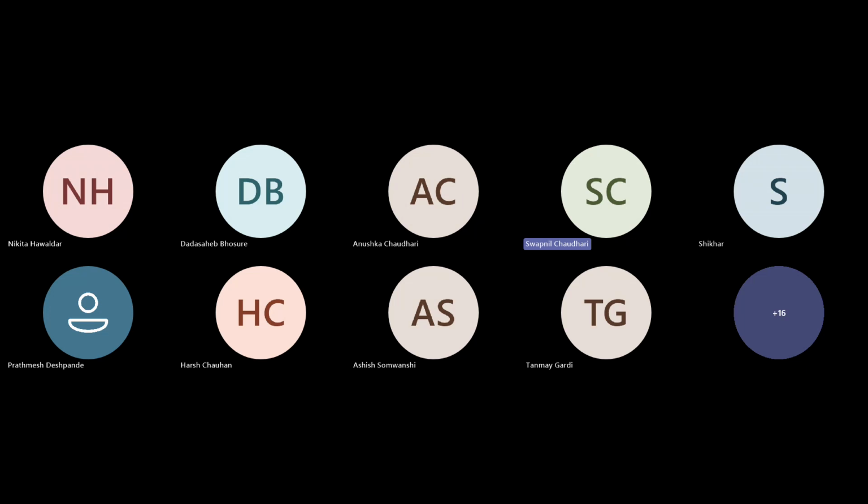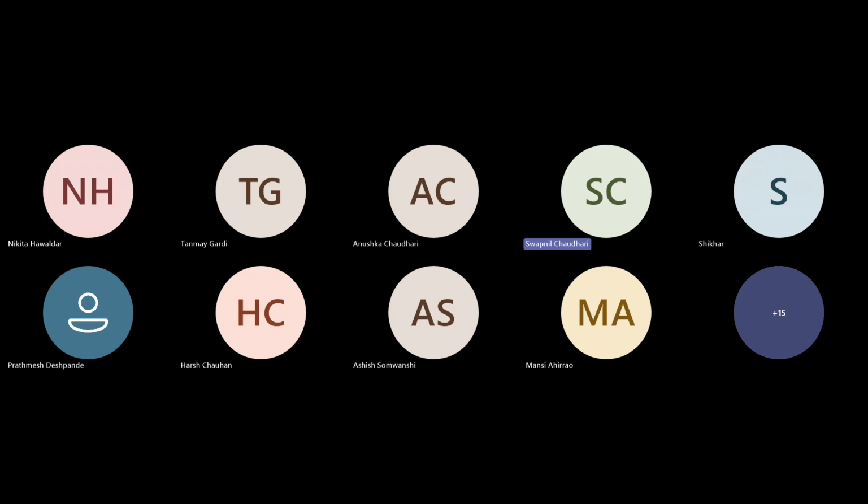Okay, so 9 is absent, 10 is present, roll number 11 is present, 12, 13, 14, 15, roll number 16. Sir, roll number 15. 15 present, sir. Mansi is present. Okay. 16, 17, 18, 19. Sir, roll number 18.